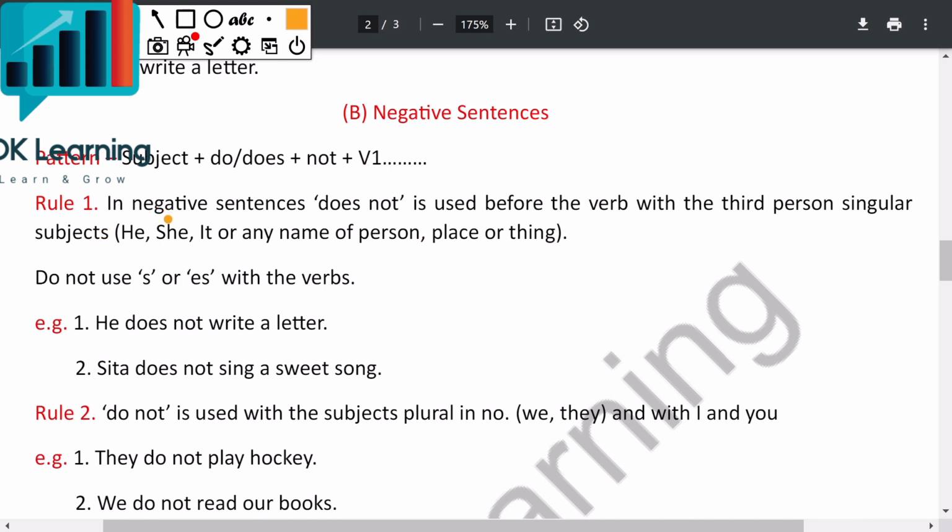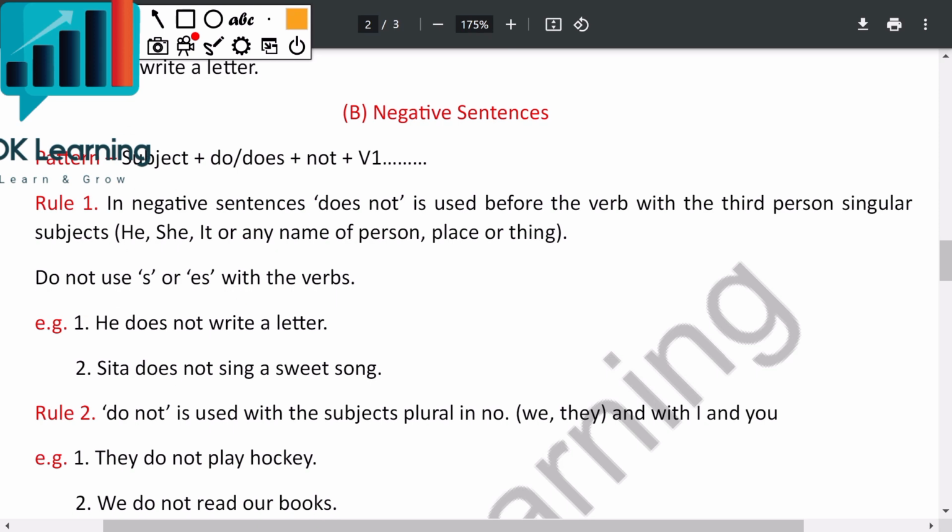Again, as we saw in the affirmative sentence, there are two rules for when do not is used and when does not is used before the first form of the verb. Rule number 1 says in negative sentences does not is used before the verb with the third person singular subject. Again, with the third person and singular subject, does not is used, but the thing to be remembered here is that s or es is not added with the verbs.